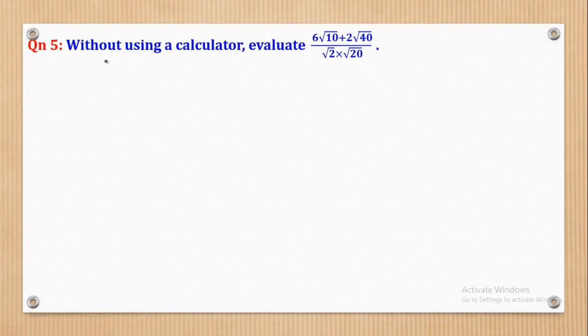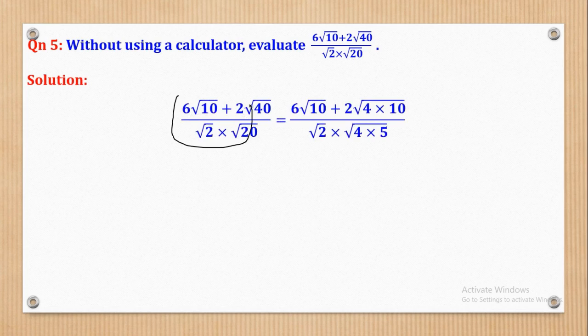Then question 5, without using a calculator, evaluate this. When they say without using a calculator, it means that they want to see the laws of surds being applied. So this is what is given. This will be maintained. But this 40 is the same as 4 times 10, and this 20 is the same as 4 times 5.